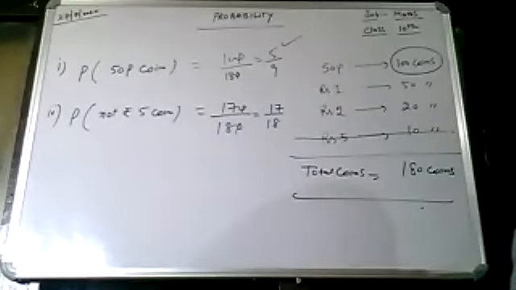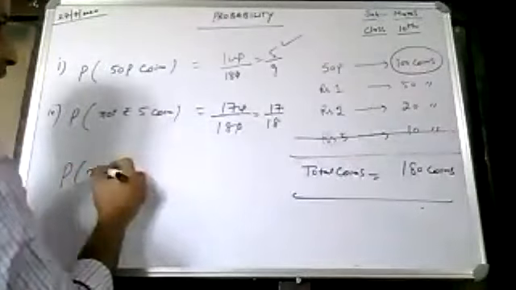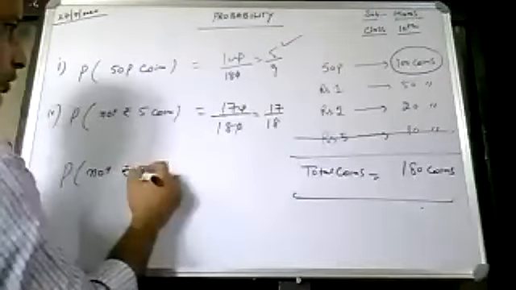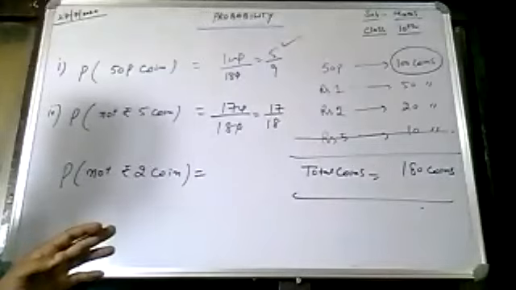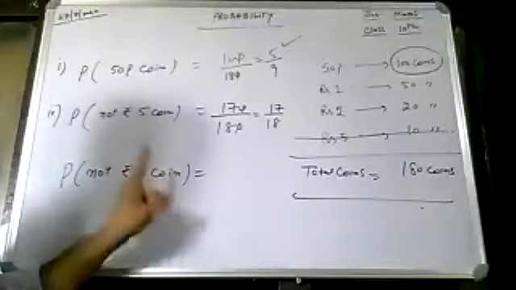Now Tania, unmute yourself. Tania Bharti, unmute yourself. Yes, sir. If the question is like this, the probability of not a rupees 2 coin, then what should be the answer? Not a rupees 2 coin. So 160 upon 180. 160 divided by 180.